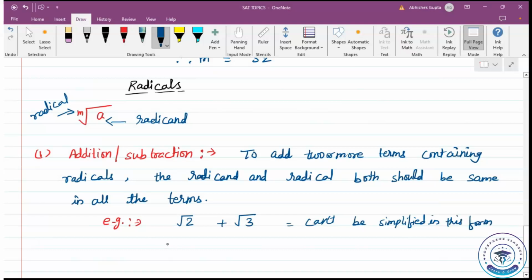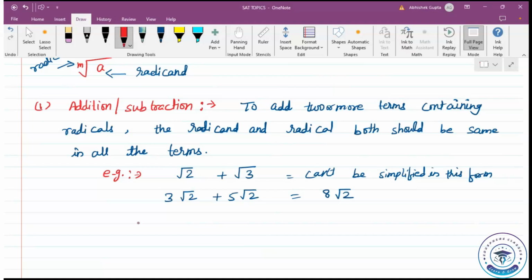Now suppose we have 3 square root 2 plus 5 root 2. Now we can add them. Root 2 you can treat as a variable, like 3x plus 5x, so that becomes 8x. Here 3 root 2 plus 5 root 2 is 8 root 2. Even if we need to subtract, we can subtract like this only.